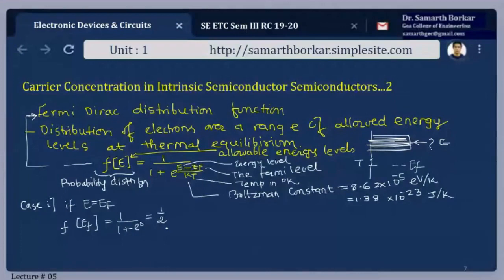So if E equals EF, the probability of having an electron there is 50%. This is the reason why we take the Fermi level as a reference level. If there are 100 electrons in the conduction band and 100 holes in the valence band, this Fermi level will be right at the center.